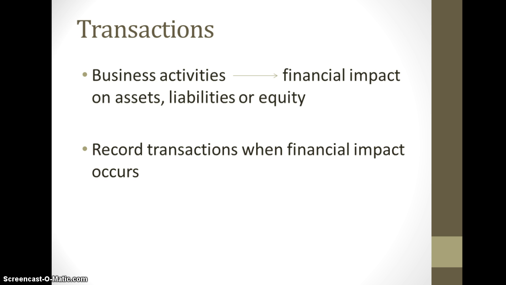We only record transactions when there is this financial impact. If there is no financial impact, even though there might be some sort of business activity, those are not recorded in the accounting records of the company.